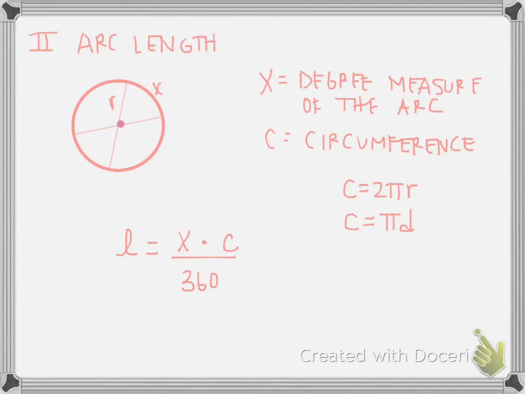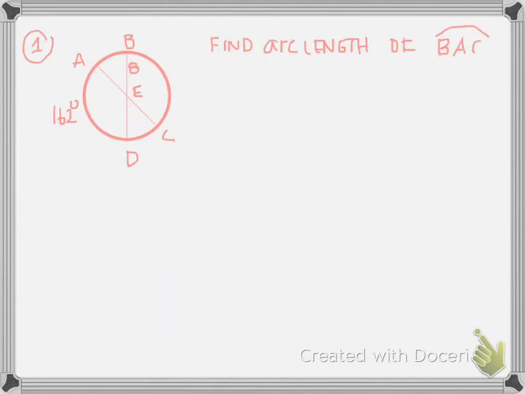Okay, so let's do a problem here. If I know the radius of this circle is 8, so BE right there is going to be 8, and I know that the measure of this arc here is 162, then I'll be able to find the measure of AB, the measure of DC, the measure of BC.